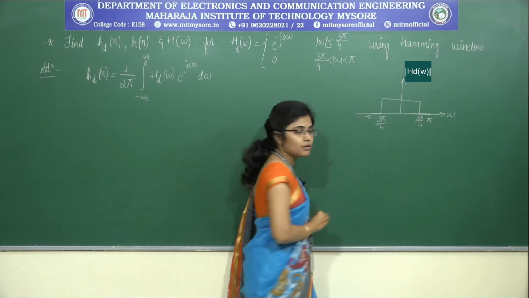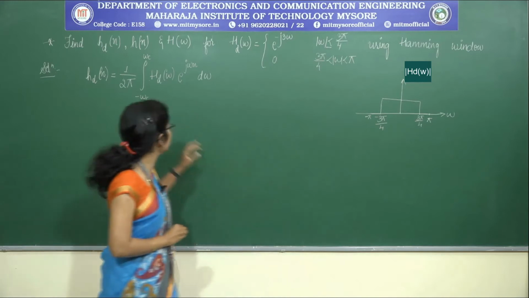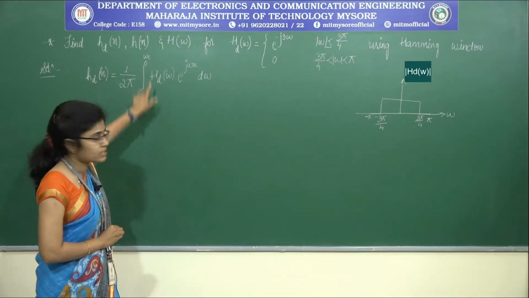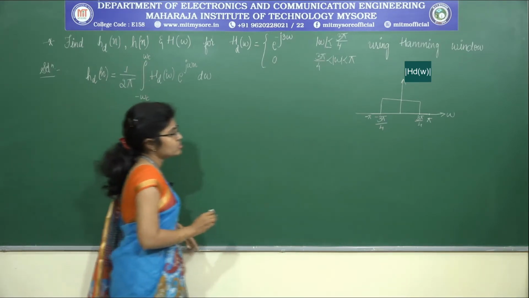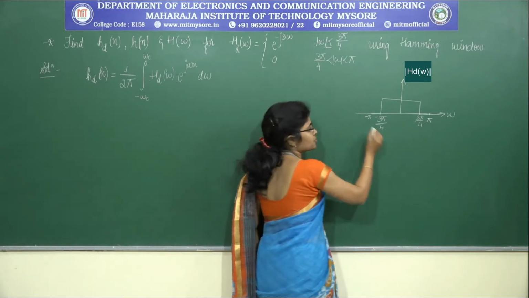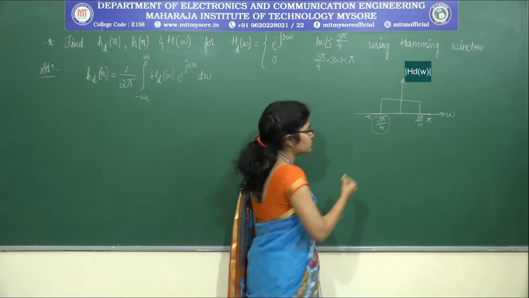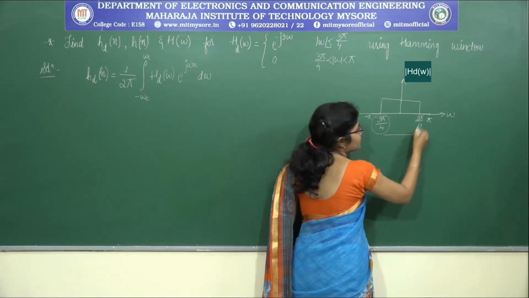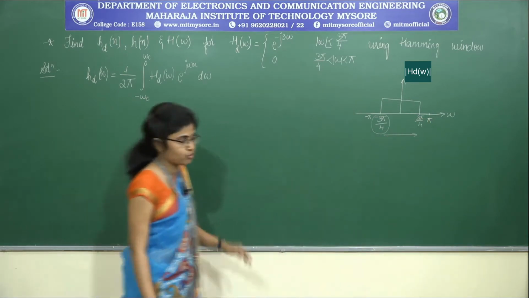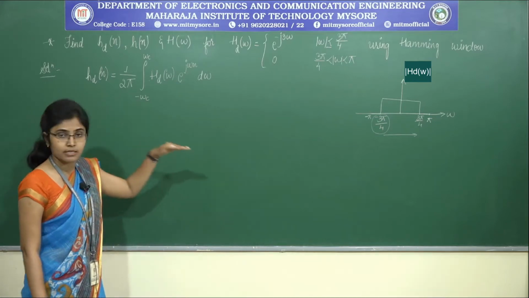Now the limits of integration: the response starts from minus 3 pi by 4, the lower limit, and the upper limit should be 3 pi by 4. We write it from left to right.